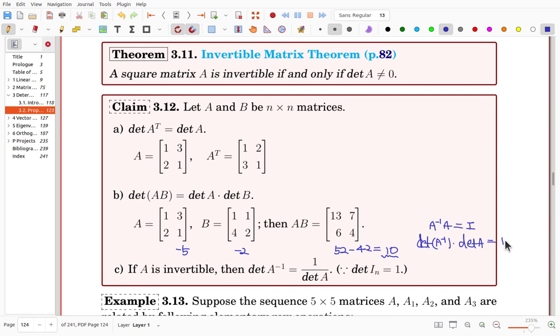The identity is upper and lower triangular, and for triangular matrices the determinant is the product of the diagonal entries. The identity has all 1s along the diagonal, so the determinant is 1. From this equation you can get that the determinant of A inverse is 1 over the determinant of A, quite easily.